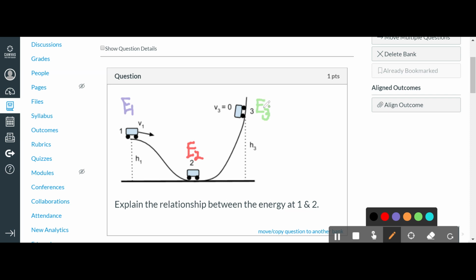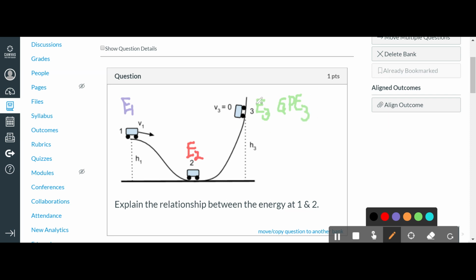So let's see if you came up with a correct relationship here at 3, as well as 2. So here at 3, you should see that there is gravitational potential energy. So hopefully you wrote that there is GPE here, and labeled it GPE3, right?